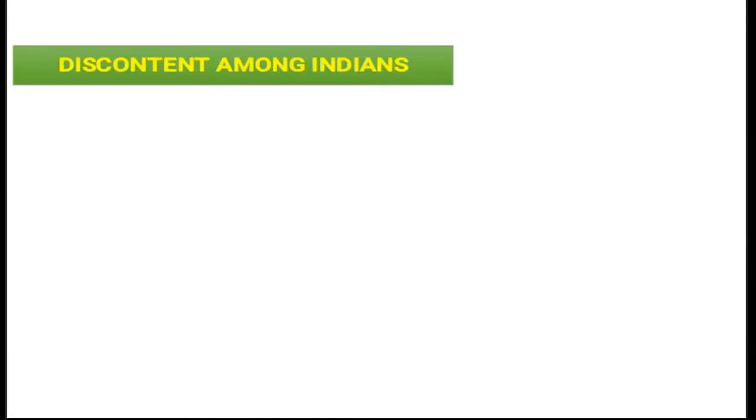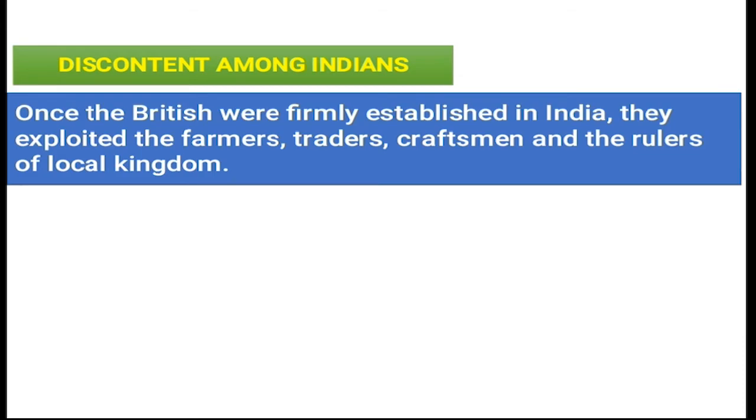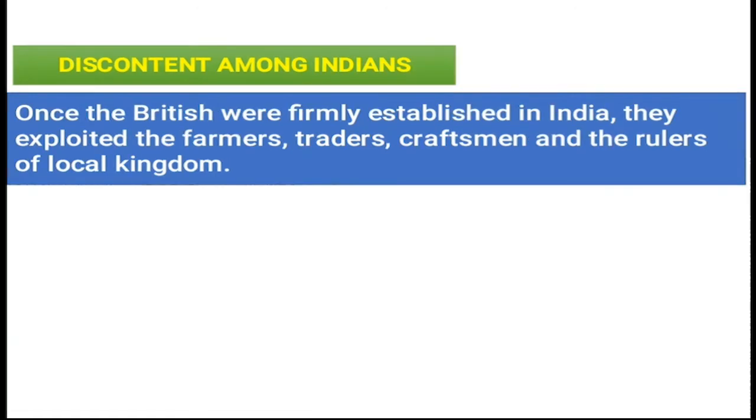Discontent among Indians. Once the British were firmly established in India, they exploited the farmers, traders, craftsmen and the rulers of local kingdoms. So, what does discontent mean?